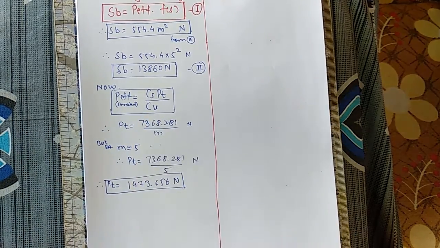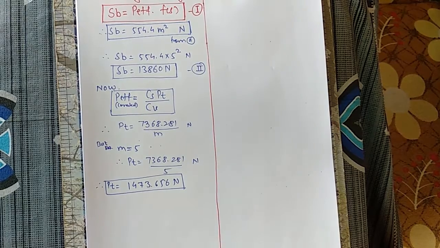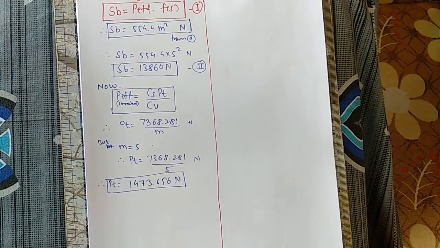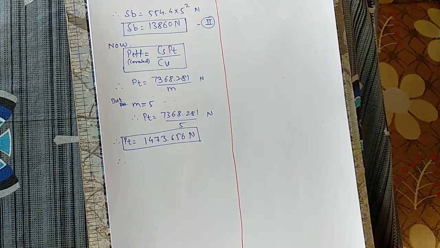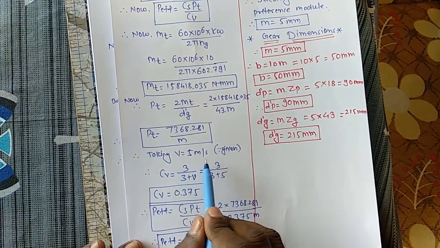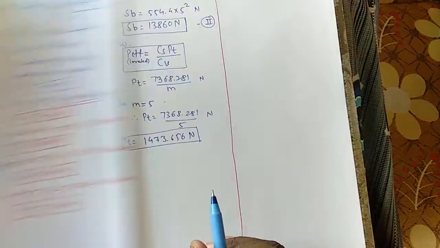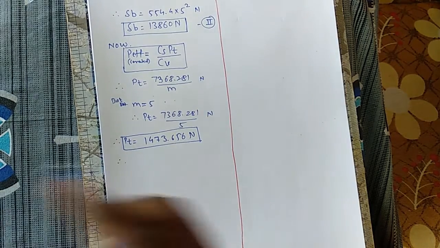Now I will calculate the value of CV. Now for finding out the value of CV, we should calculate V. See here, initially what we have done, we have assumed V is equal to 5 meter per second. Why we have assumed? Because for finding out the value of V, we were not knowing the pitch circle diameter.